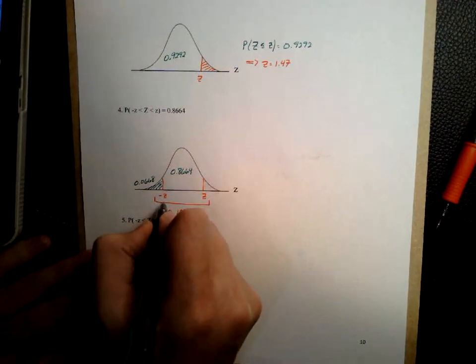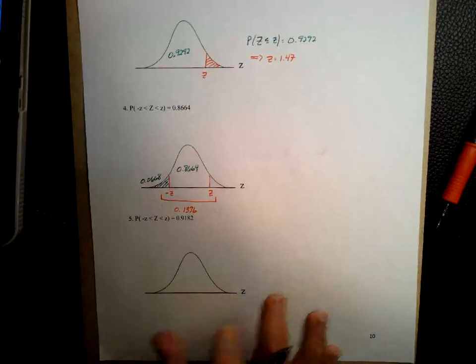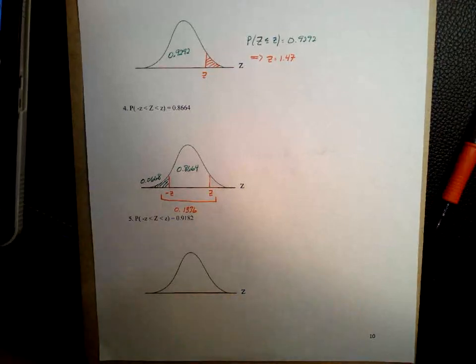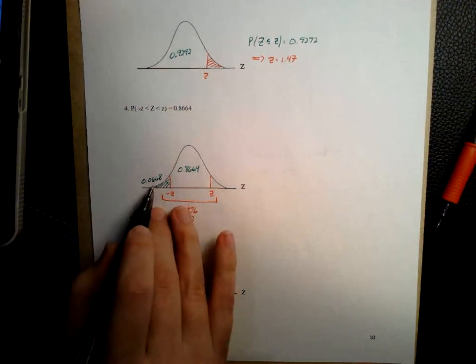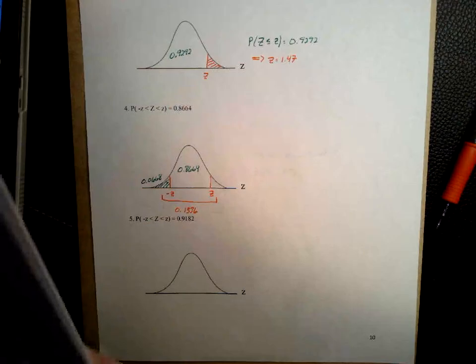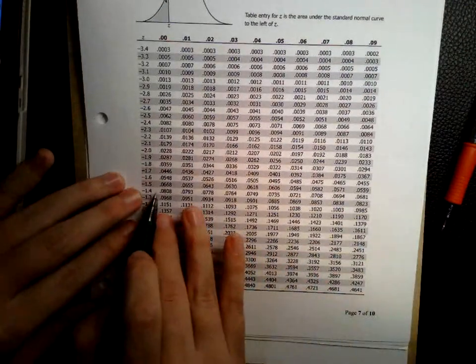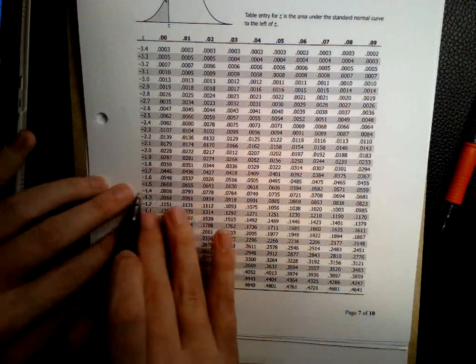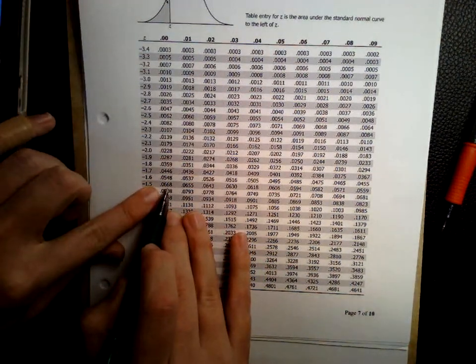And that's this area here to the left of this negative z. So now that I have the area to the left of some z-score, I can find the corresponding z-score in the table. And if I look for that, it's obviously going to be negative because the probability is less than 0.5. And if I look for this in the table, it will be 1.50. So negative 1.50 is where we have 0.0668.